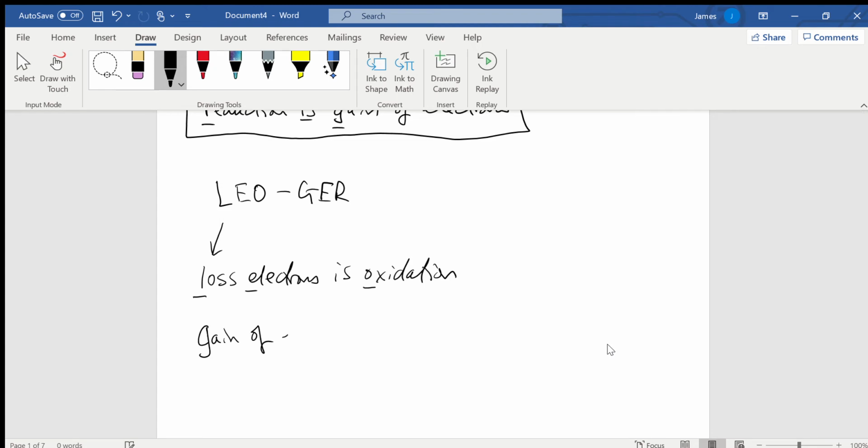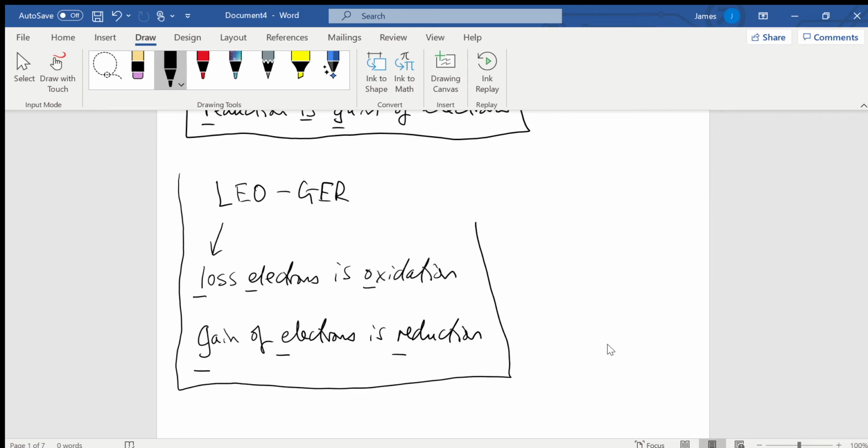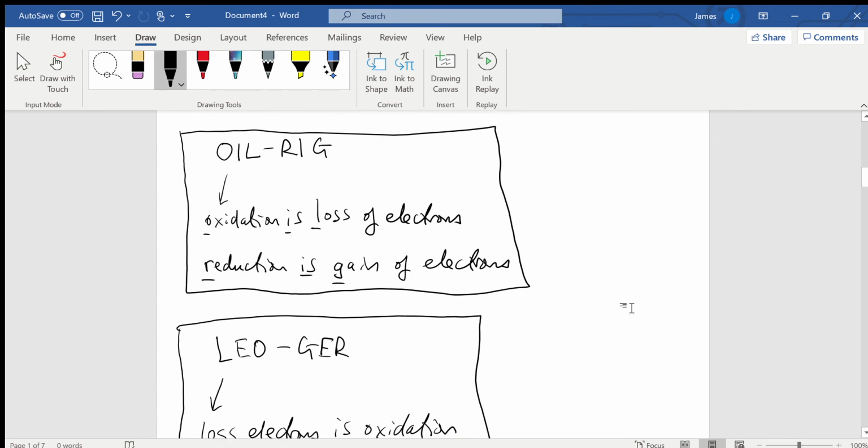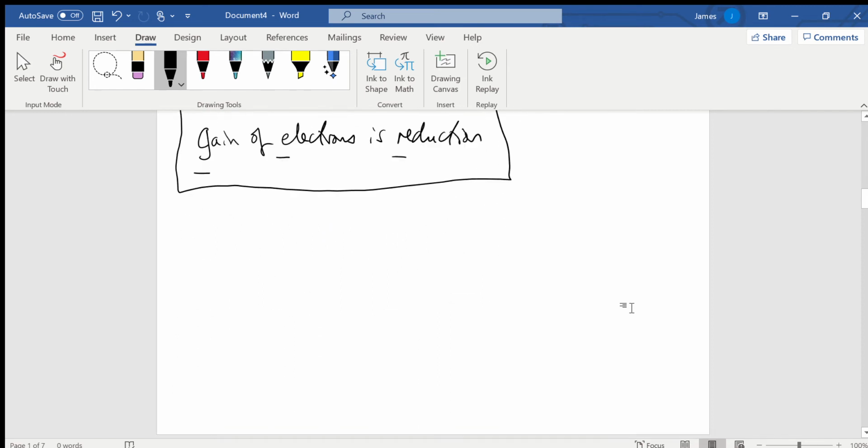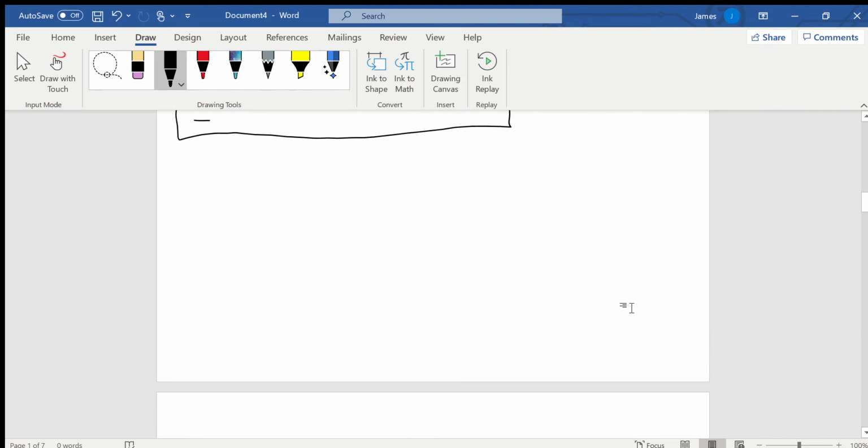Gain of electrons is reduction. Grr. Some people like that. It doesn't matter as long as you know how to interpret questions and you have an understanding of content. So pick one. They both say the same thing, whether OIL RIG or LEO GER, but that would be something you would be expected to know.